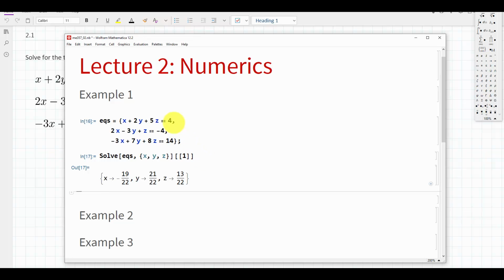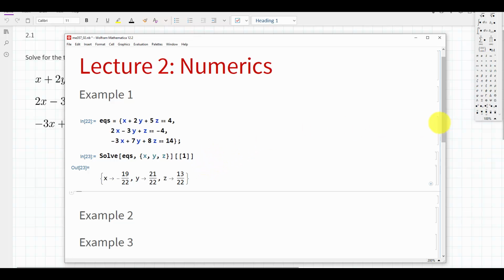So the problem is if, let's say, I change this to 5, but I don't rerun that cell, it has not re-updated what EQS is if I keep running down here. I need to run this first and then come down here to Solve in order for it to rerun with the new values. So it does not necessarily run top to bottom, it runs the things you select from top to bottom.